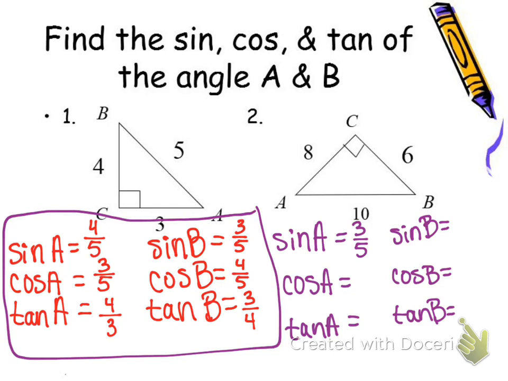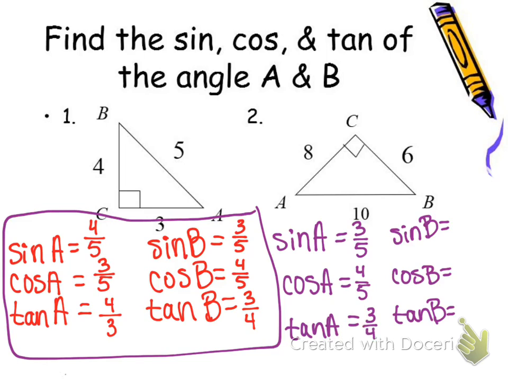The cosine of A. 8 over 10 reduces to be 4/5. The tangent of A. 6 over 8, which reduces to 3/4.